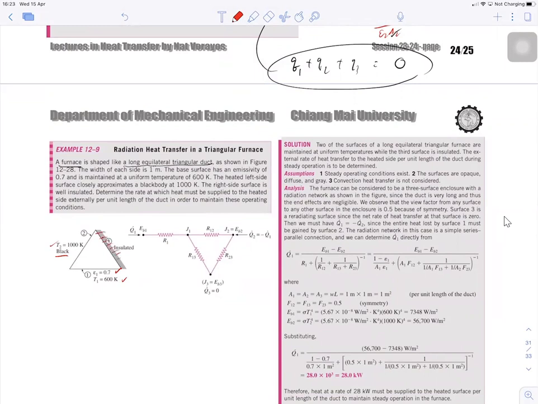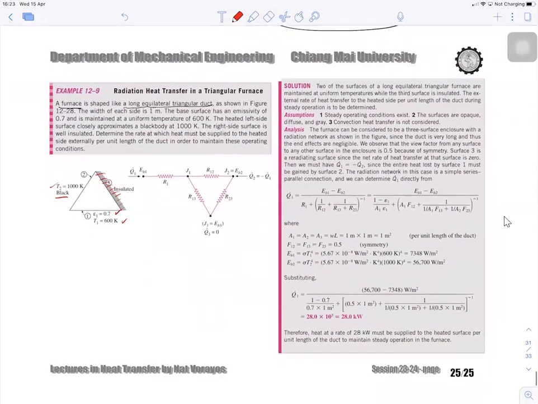It has 3 surfaces. Let me magnify a little bit, because it's black on this side. This is EB2. It's not black on this side, so there is an internal resistance, (1 minus epsilon 1) over epsilon 1 A1, across EB1 and J1.